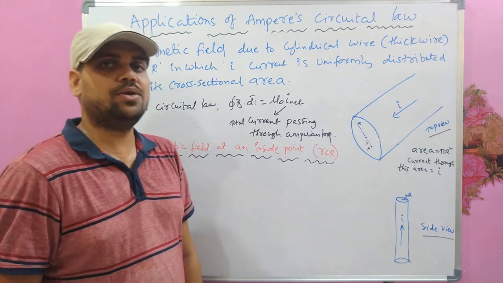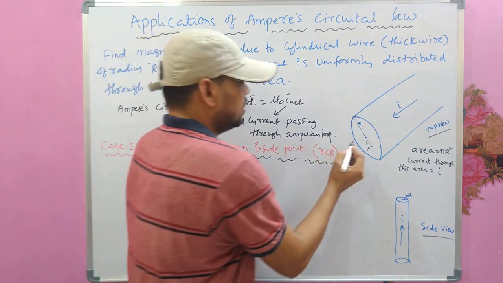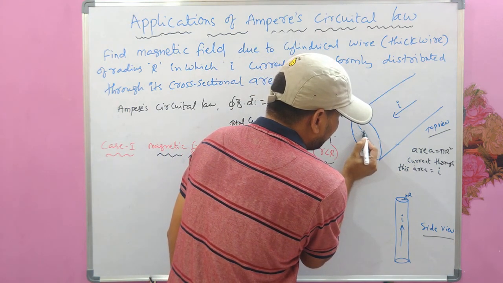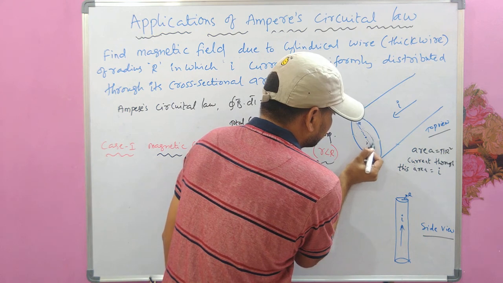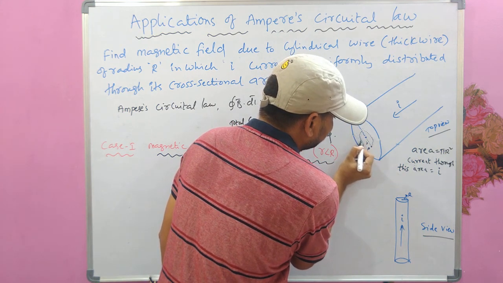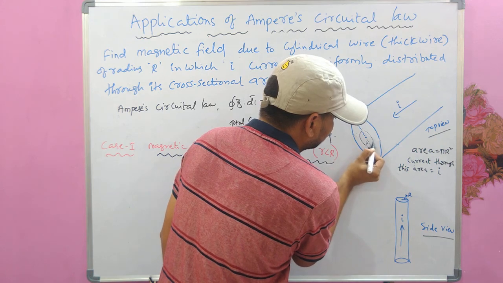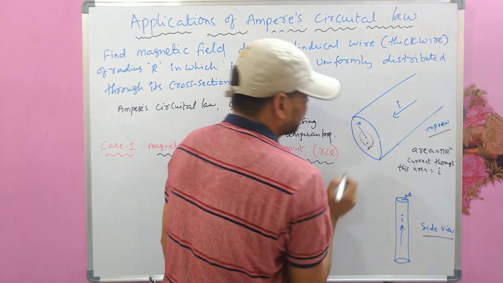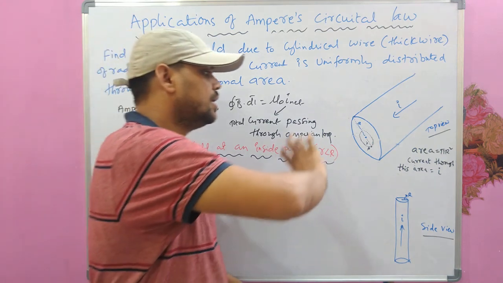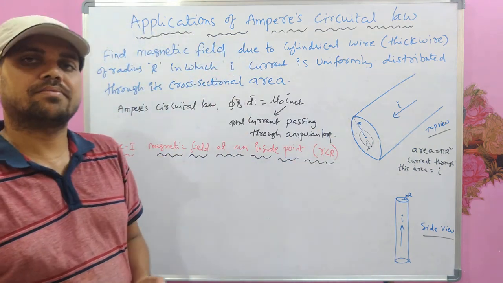And the Amperian loop is the imaginary loop which is drawn passing through that point where we would like to calculate the magnetic field.